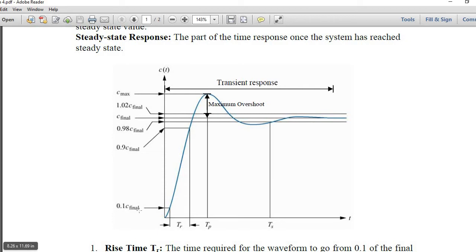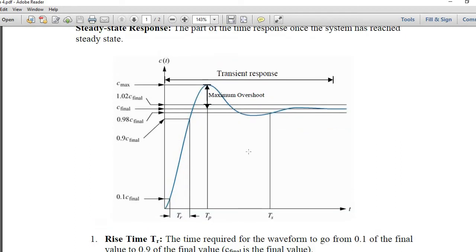So if we multiply 0.1 with the final value, whatever the final value is, we get 10% of the response that reaches the steady state. Now when it reaches 90% of the final value, the time between 10% and 90% is known as rise time.